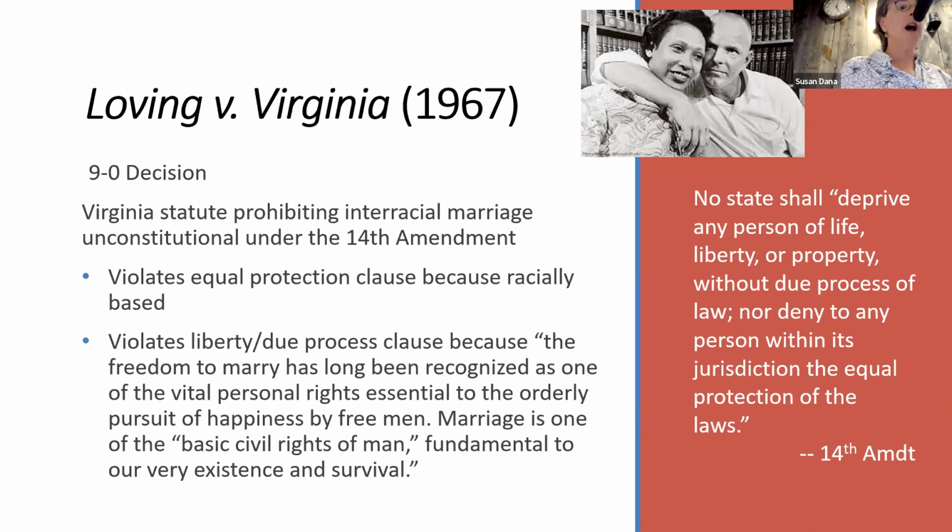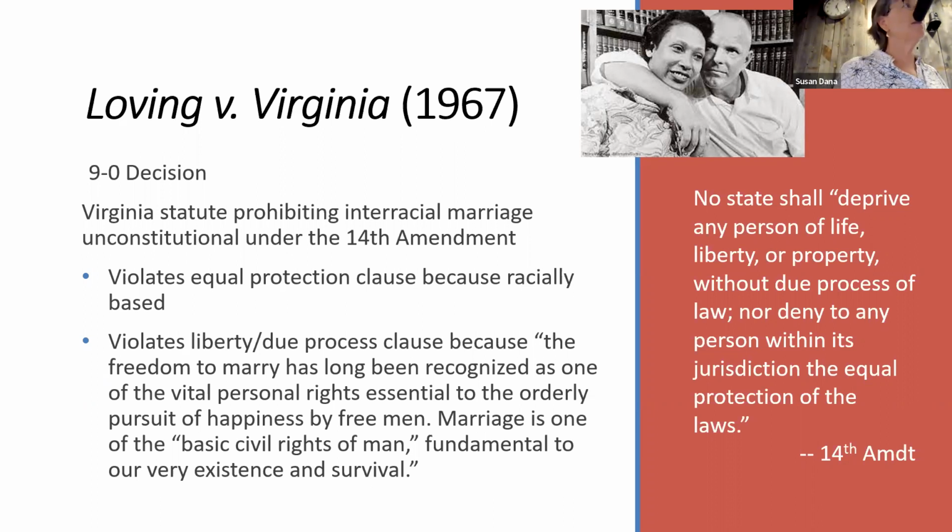So it was a 9-0 decision in part because it was not hard to say that a law that prohibits interracial marriage is based on race. That violates the equal protection that everybody has regardless of race. Therefore, it's unconstitutional and violates the 14th Amendment.